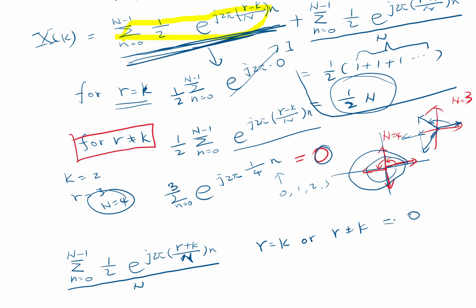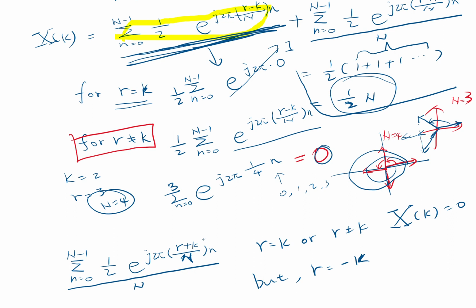Let me do this. Not equal to k. Let me change color. The capital X k is going to equal 0, but when r equal to negative k, this becomes 0.